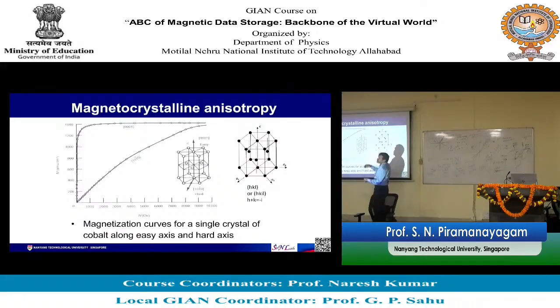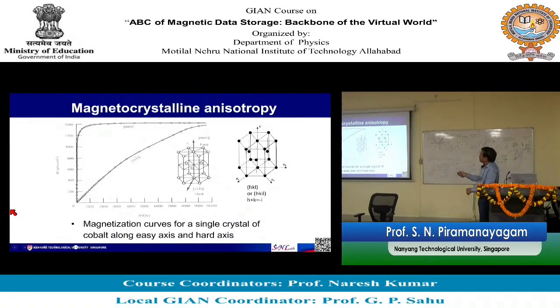So you do not need much magnetic field. Some grains in the cobalt material you have studied may be in some other direction, which is why you need some magnetic field in real experiments. You will notice that with a very small magnetic field you can bring all the magnetization to one particular direction. So this is the easy direction MH curve.